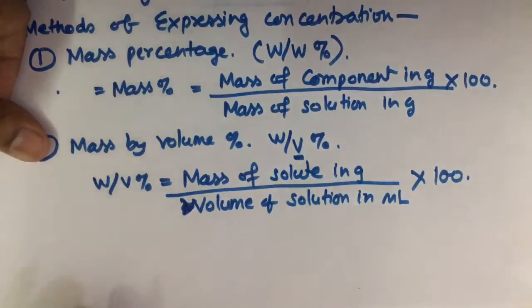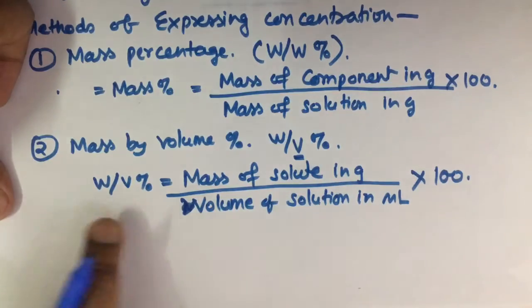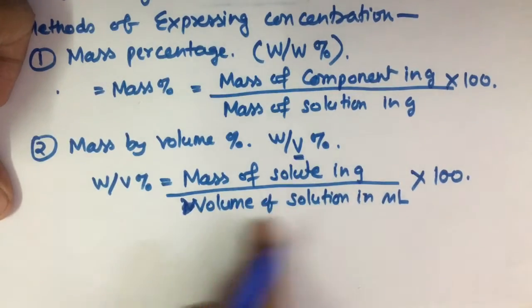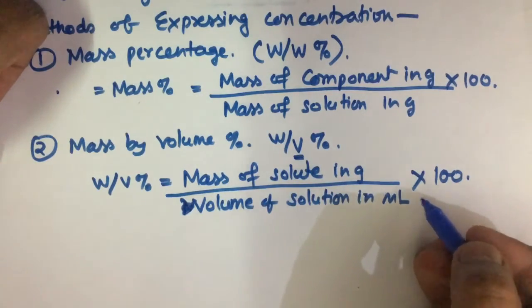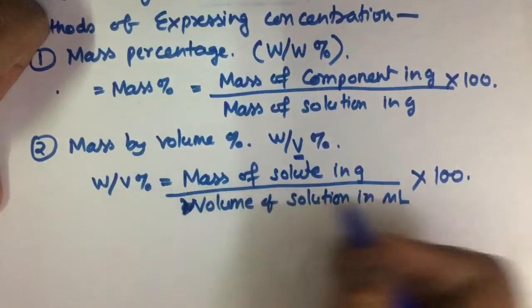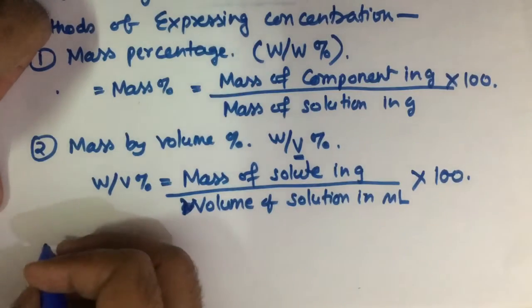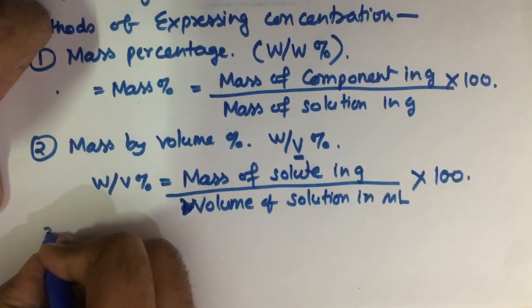Now this mass by volume percentage depends upon temperature, because volume is a temperature dependent quantity. It expands or compresses as per increase or decrease in temperature.